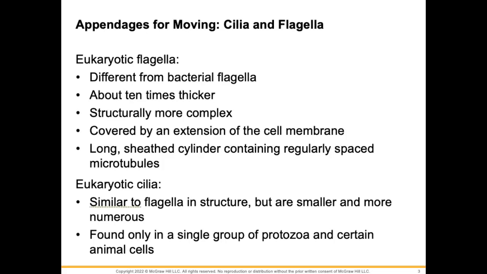Eukaryotic cilia are similar to the flagella in structure, but they're small and more numerous, like little finger-like projections coming off the surface of the cell. They're found only in a single group of protozoa and certain animal cells.